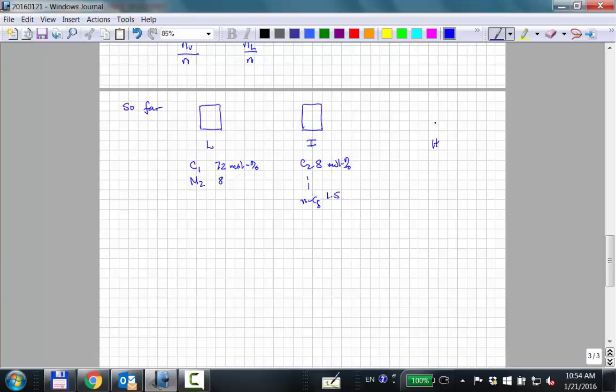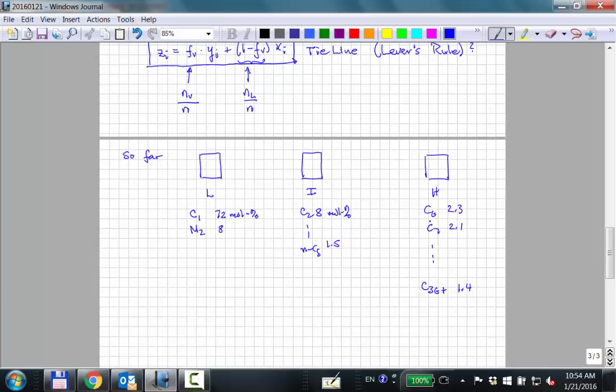And then the heavy stuff, we had another container, and the C6 was 2.3 mole percent, C7 2.1 mole percent, C36 plus 1.4 mole percent, something like that. And we just mix these three containers together in different proportions, in different amounts, to create the whole map. That's what we made the assumption on.